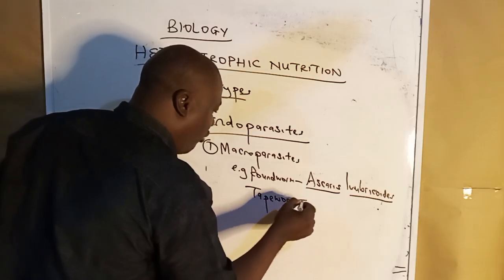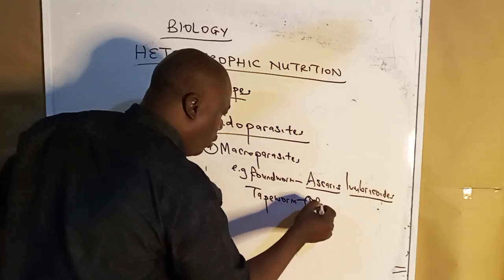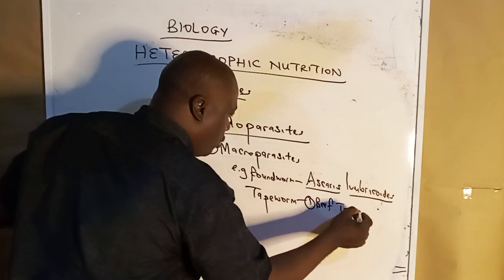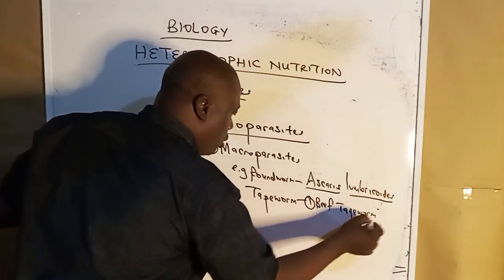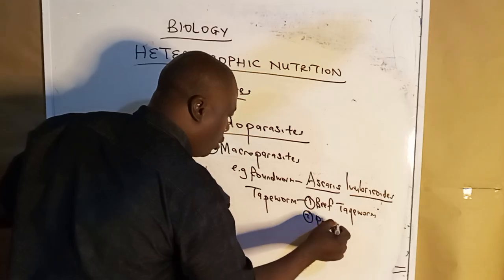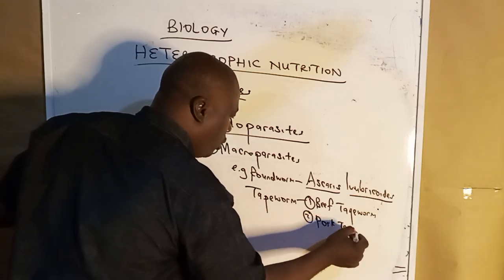You can say there are two types of tapeworm. Number one, you have the beef tapeworm. Number two, you have the pork tapeworm.